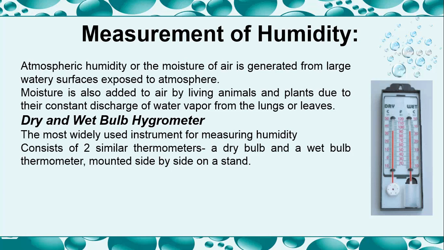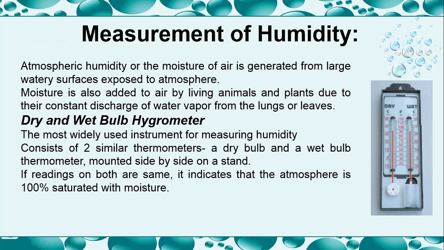It consists of two similar thermometers, a dry bulb thermometer and a wet bulb thermometer, mounted side by side on a stand, as this picture is showing. When readings of both thermometers are the same, this indicates that the atmosphere is 100% saturated with moisture.